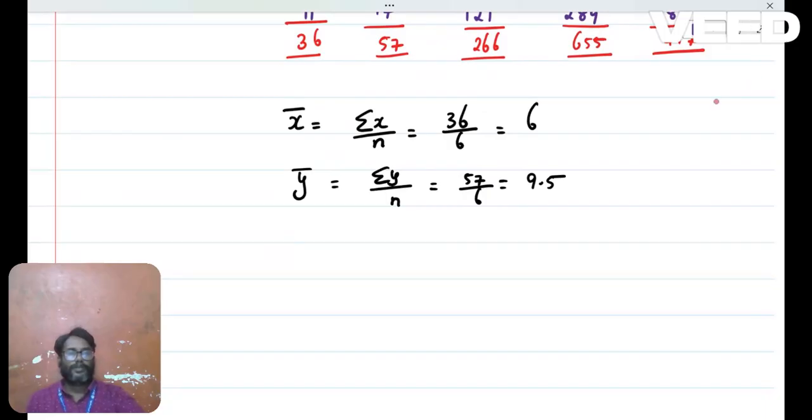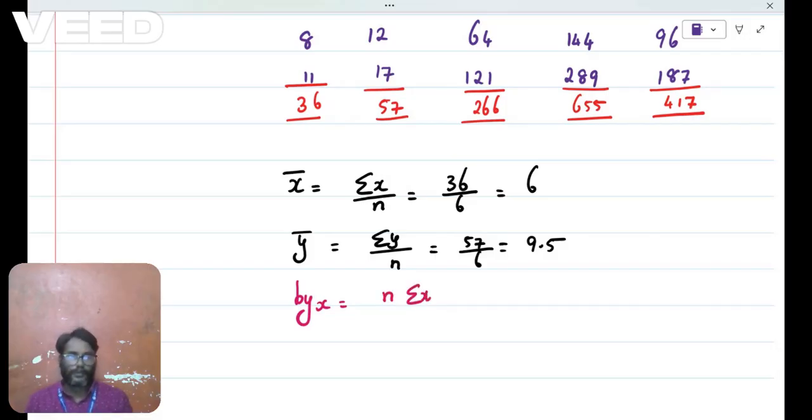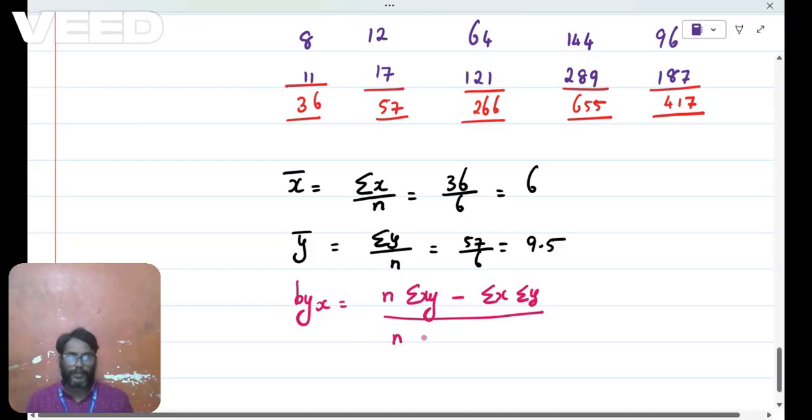The formula to compute byx is n into sigma xy minus sigma x into sigma y, divided by n into sigma x square minus sigma x the whole square.